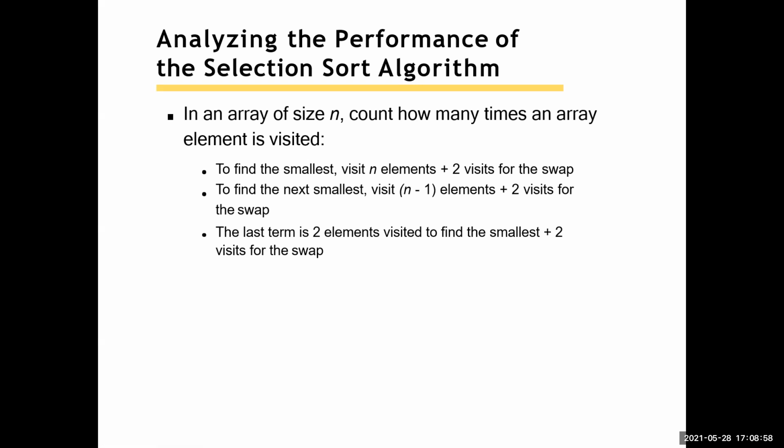The third one has to go through the whole array minus 3. And so it's going to have n elements plus 2 visits every time we go to the smallest one. The plus 2 is for the swap. So that's going to be in there. The next, the smallest one, n minus 1 plus 2, and so on.